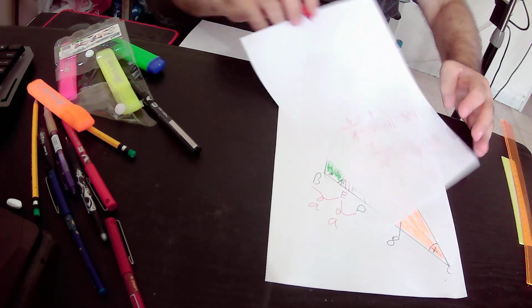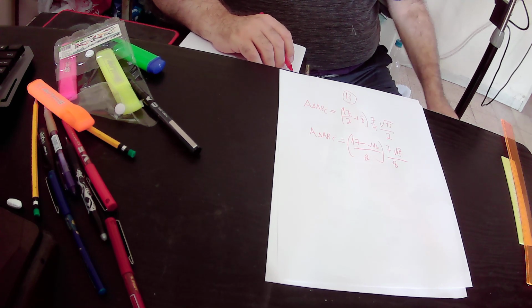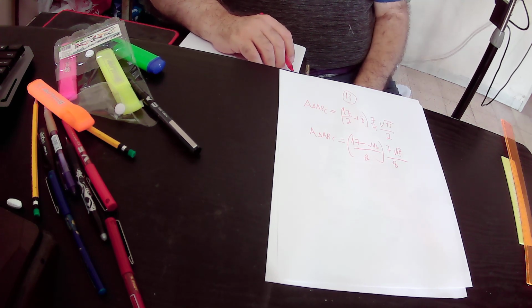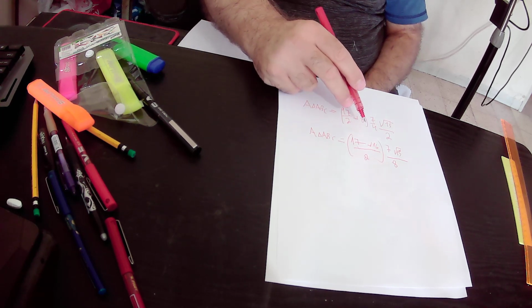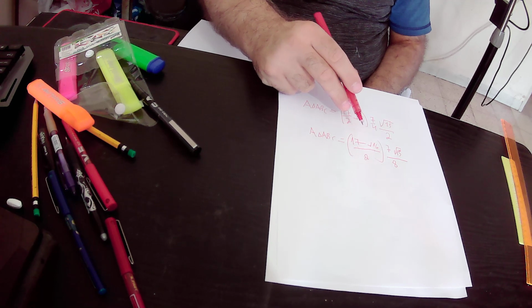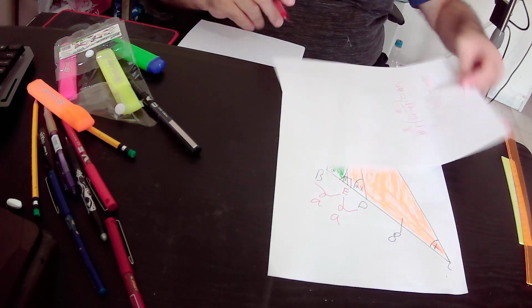So in total the area equals 17 plus 16 over 2 times 7 times root 15 over 8. 17 plus 16 is 33, and 2 times 8 is 16, so I'll write it down.